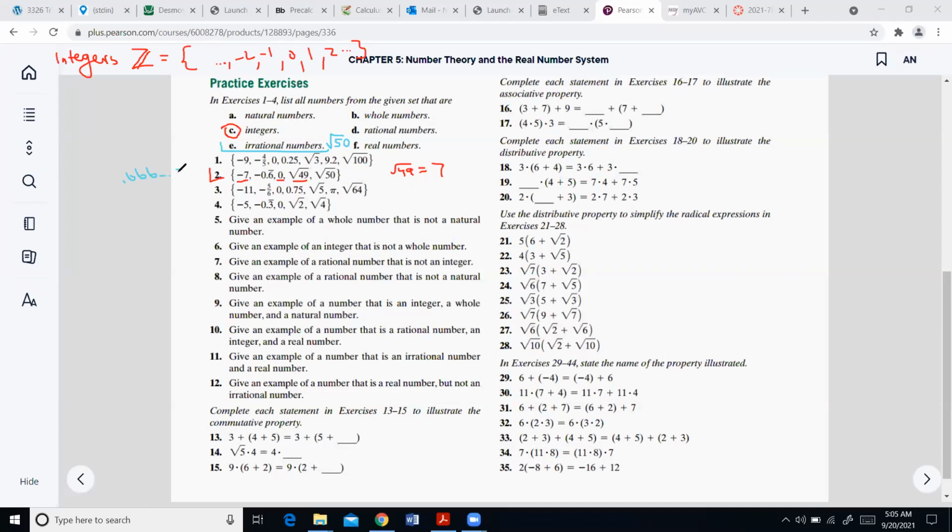So that's actually the same as 2 over 3. That's a fraction. So it turns out that irrational numbers are the ones that we see with the square roots or number pi. Number pi is also irrational. But square root 49 is not irrational because this is really 7, so it's not a square root. They just wrote it with a square root, but it's just 7. And that's good to realize. So irrational numbers, the square roots, those are a little bit unusual, right?